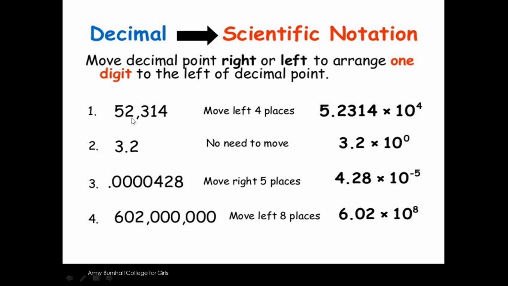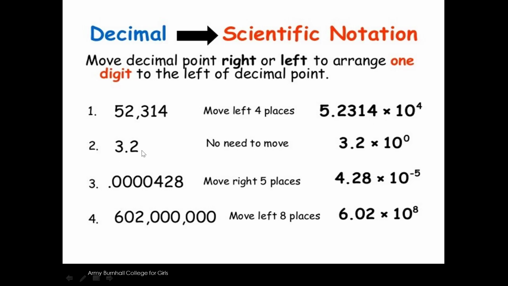For example, for the number given over here, the decimal is right now present after 4, so we have to move the decimal left 4 places so that it has one non-zero digit before the decimal. So the number will become 5.2314 multiplied by 10 raised to power 4, because we have moved the decimal 4 places to the left.